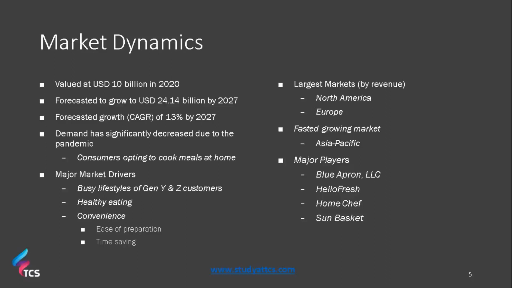So because of that, most of the meal kit companies which operate in North America or in Europe are actually moving into the Asia Pacific at the moment. So that's the trend at the moment. And looking at the major players, Blue Apron, HelloFresh, Home Chef, and Sunbasket, these are the type of real life companies which are involved with the meal kit industry.